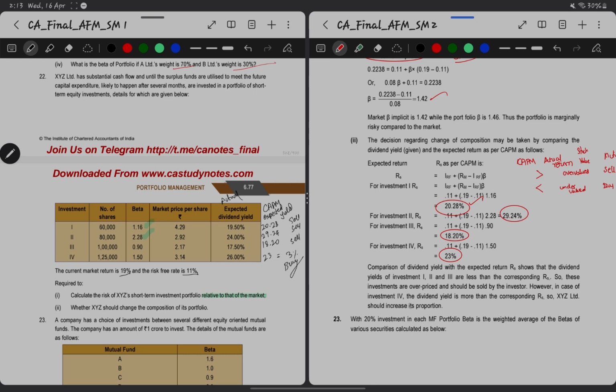So these investments are overpriced and should be sold by the investor. However, in case of investment 4, the dividend yield is more than the corresponding return. So XYZ should increase its proportion. What they should do now is to reduce the first three investments and increase the proportion of 4. That's it. Thank you.